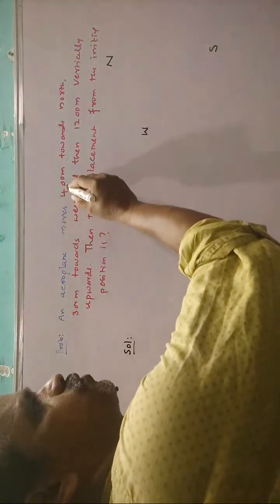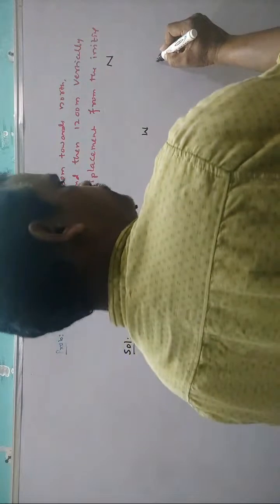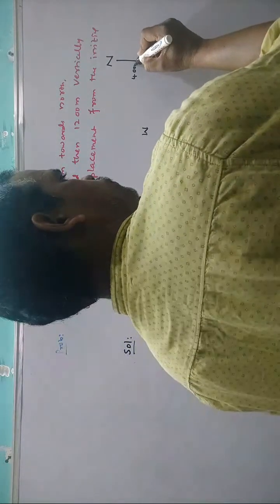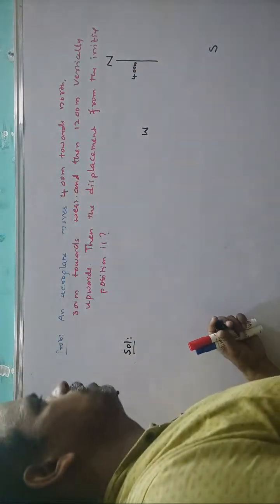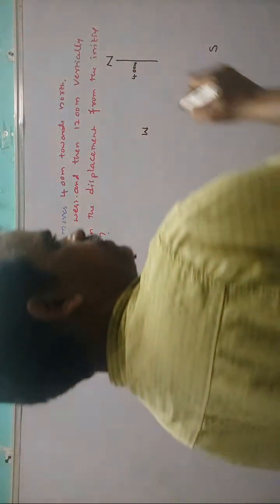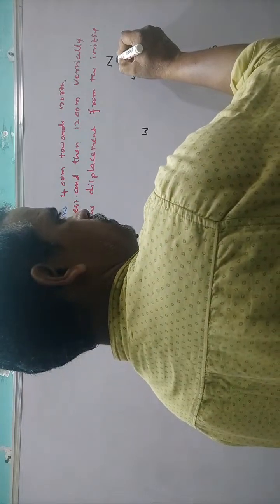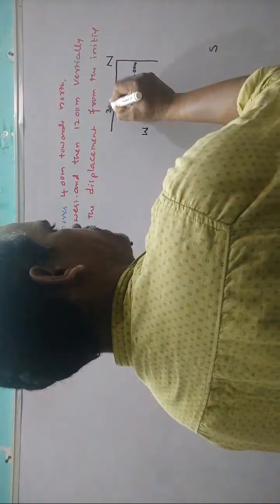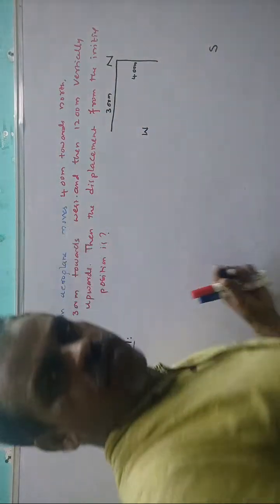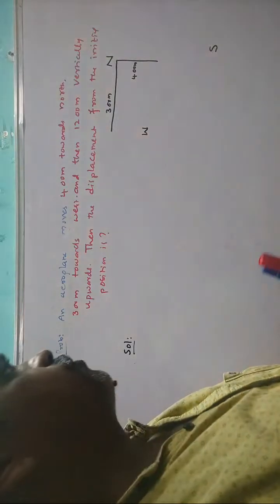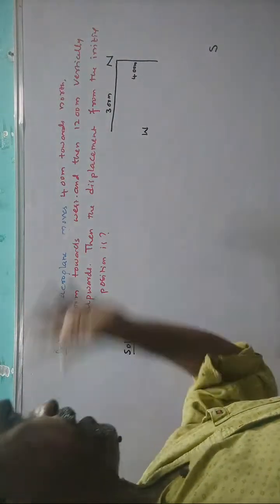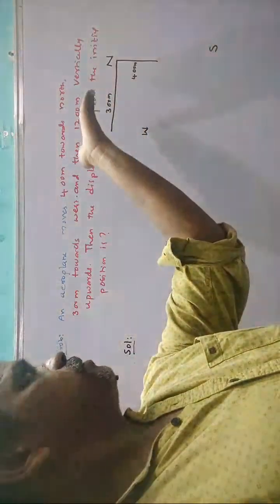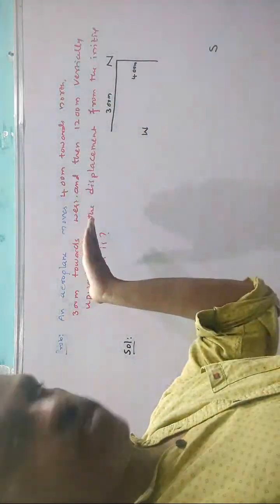So an aeroplane moves 400 meter towards north, then 300 meter towards west. From here it travels towards west, 300 meter. See, are you following me? Simple, an aeroplane moves towards north 400 meter, then 300 meter towards west.